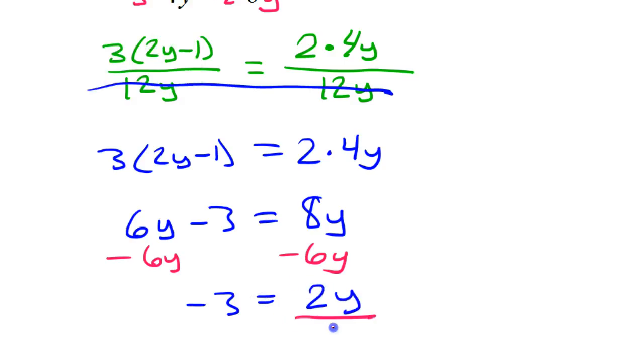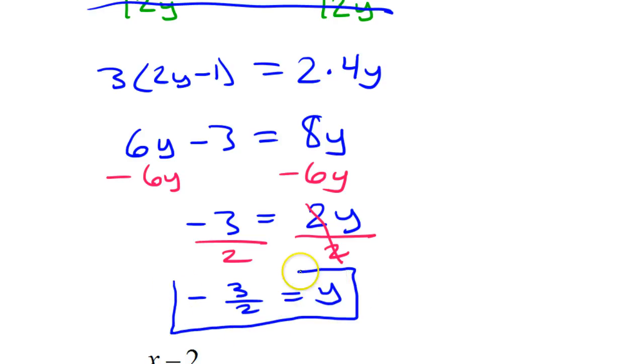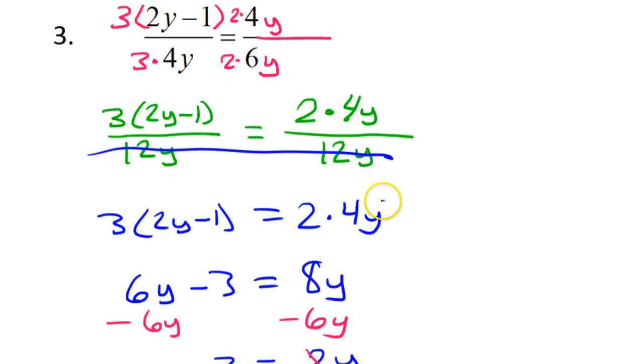Then I can divide both sides by 2. Alright, and that's going to give me -3 over 2 is equal to y. And that is the final answer, as long as it is not an excluded value.